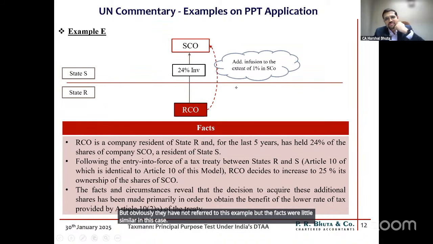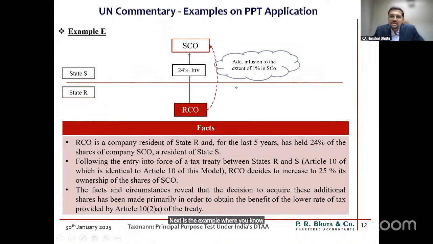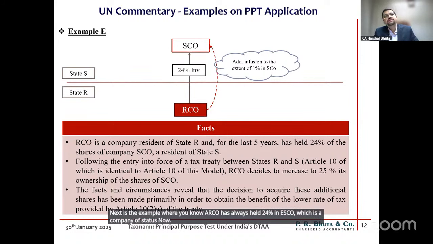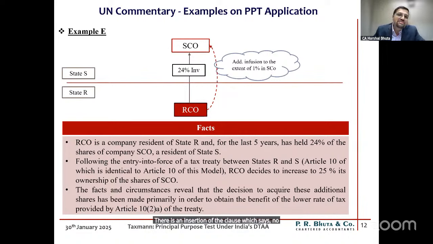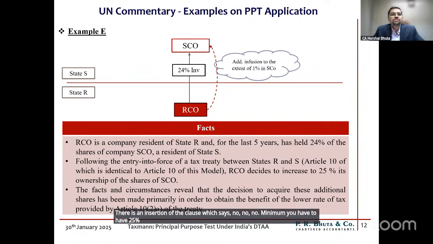Next is the example where ARCO holds 24% in ESCO, which is a company of state S. Now, in order to get the benefit of the dividend article, the reduction in withholding tax, there is an insertion of a clause which says you have to have a minimum 25% shareholding, only then will we give you the reduction of the withholding tax benefit under the state R-S DTT.